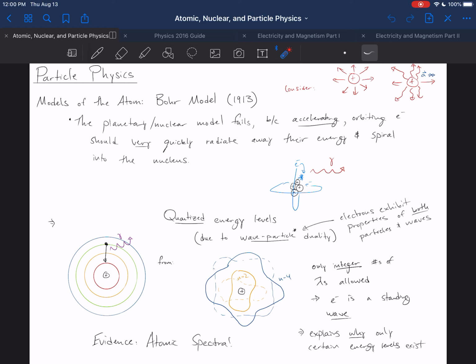was responsible for Niels Bohr introducing what was known as the Bohr model at the time. And this is the precursor to our modern day understanding of the atom. This is the first quantum model of the atom, and we've already discussed its foundations.